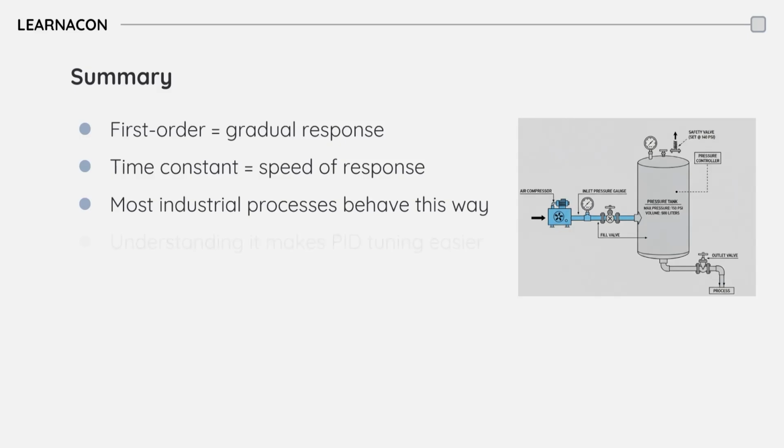When you understand this behavior, tuning PID controllers becomes much easier because you know what the process can realistically do and how quickly it can respond. Okay, that was it. I hope now you have a clear understanding of what a first-order system is in industrial automation and how they behave.